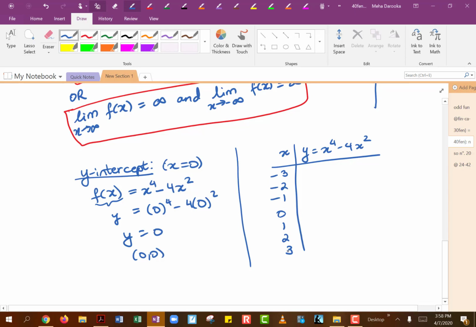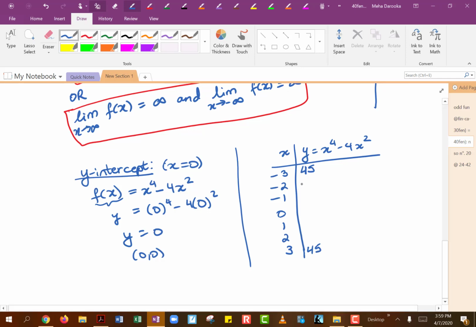So when you do -3 raised to the fourth power minus 4 times -3 squared, that ends up giving you a y value of 45. Now since this is an even function, for +3 you will also get the same answer. So for +3 also you'll get a 45, and of course you can, like I said, plug it in your calculator and check your answers.